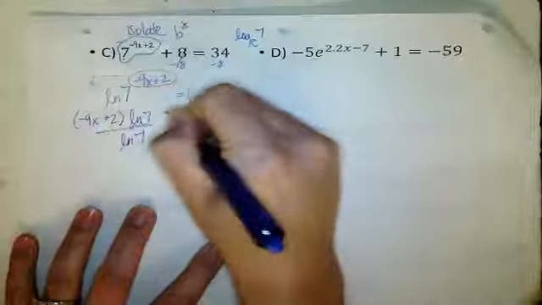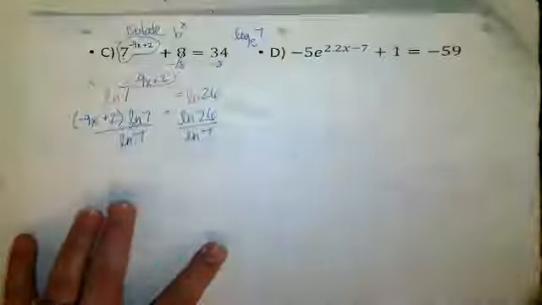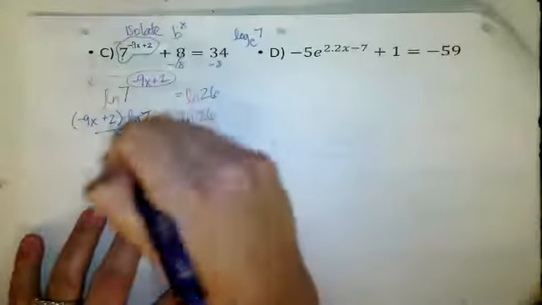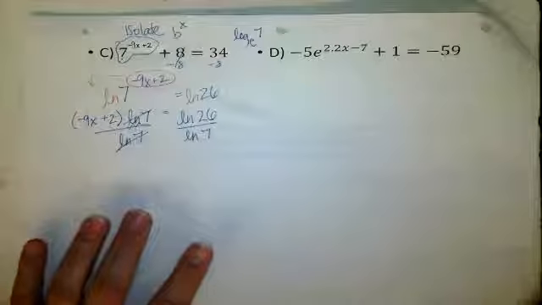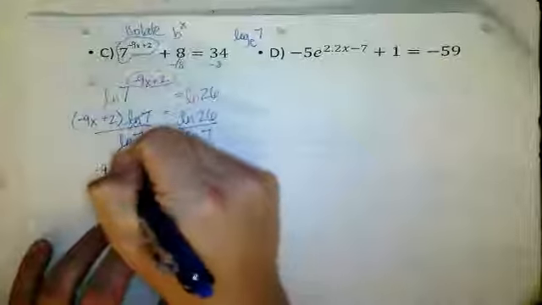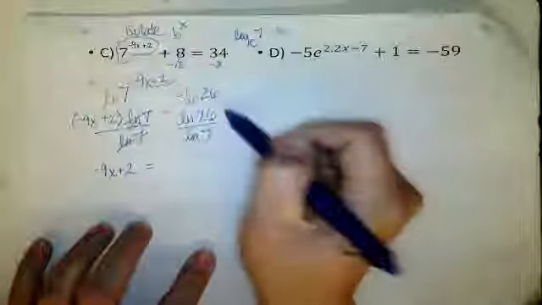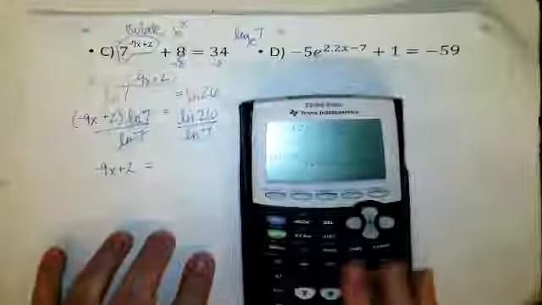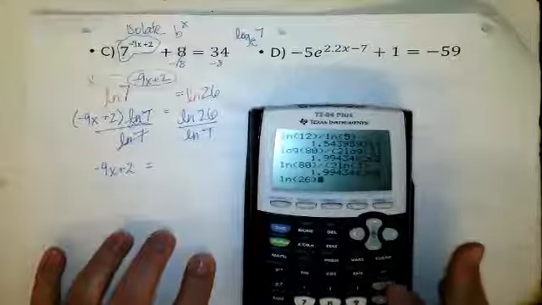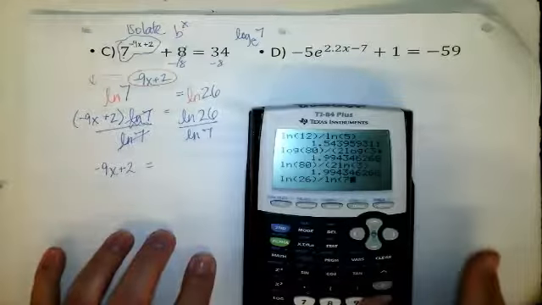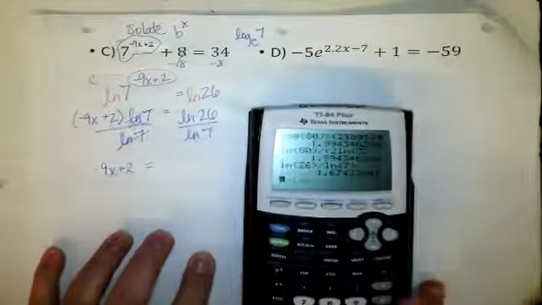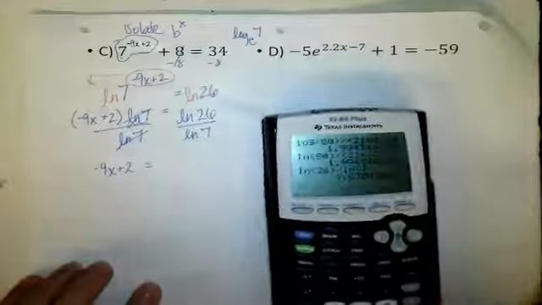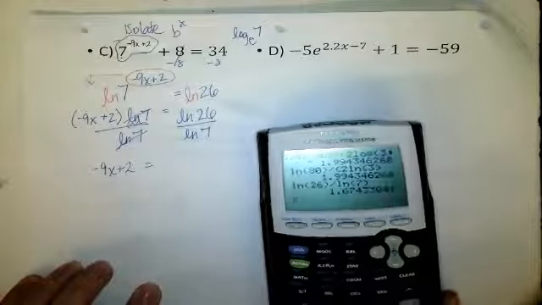So we're going to divide by the natural log of 7, which leaves negative 9x plus 2. And this craziness I can do in my calculator. Natural log of 26 divided by the natural log of 7 is some crazy number, 1.6743.